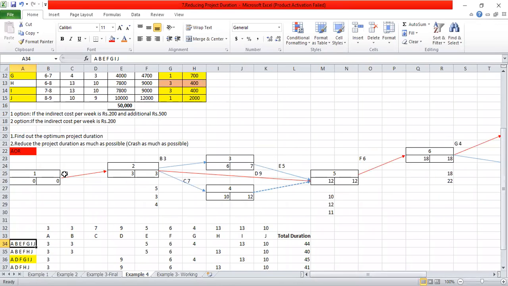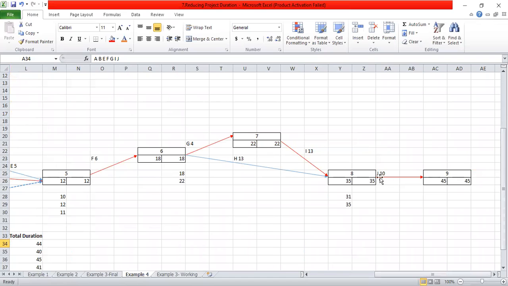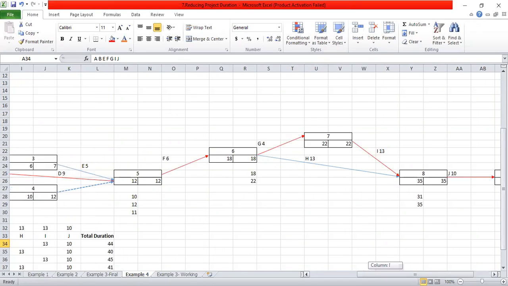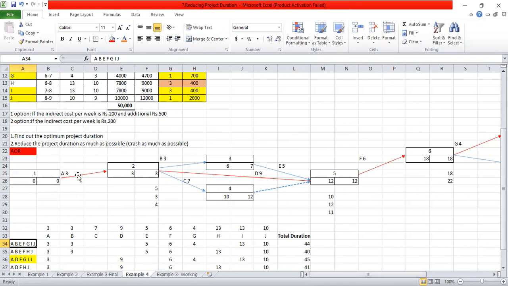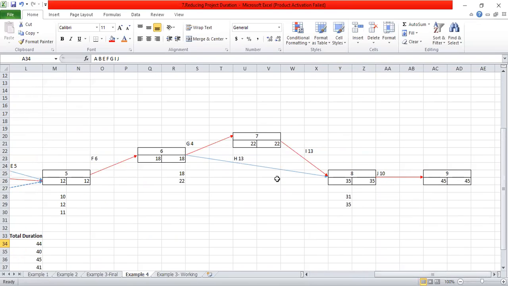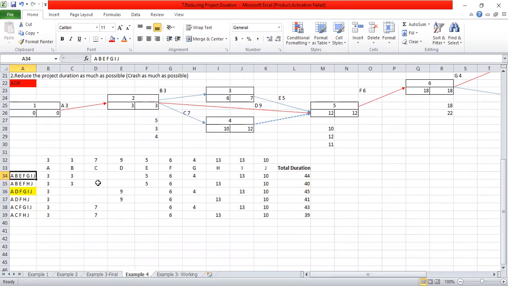The fifth path is A, C, dummy you can ignore, F, G, I, J. The sixth or final path is A, C, F, H, J. So there are 6 paths for this project network. So I have written down all these 6 paths.